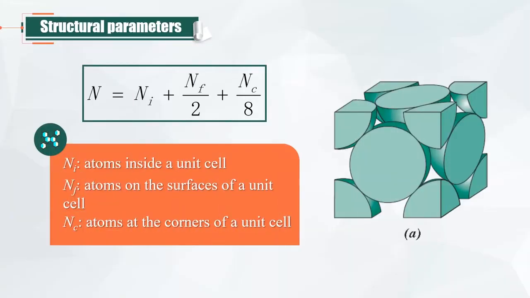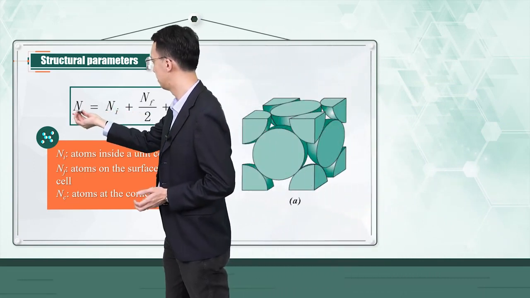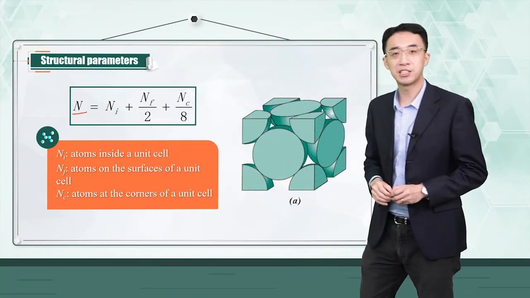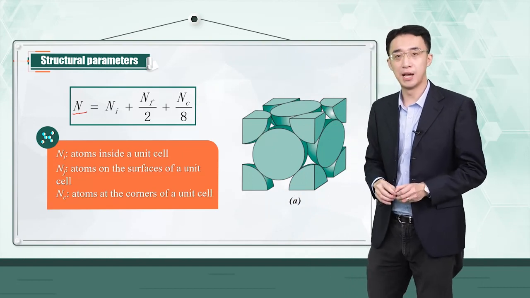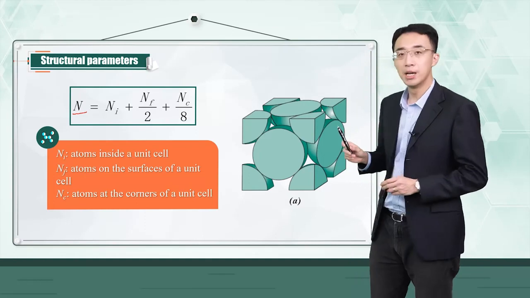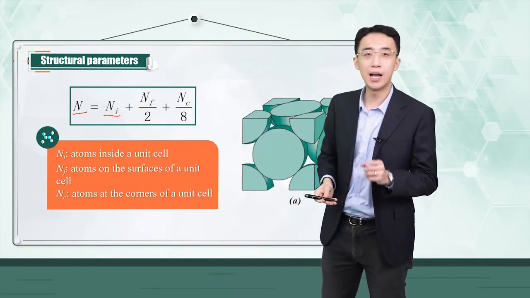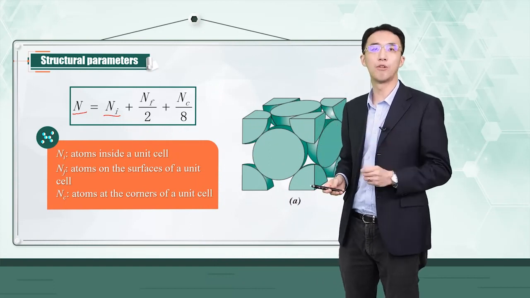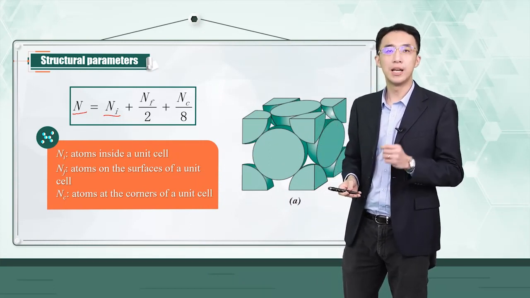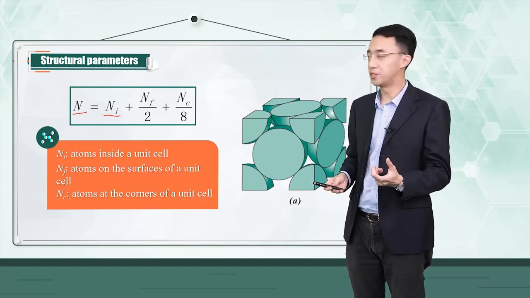So the first concept is the total number of atoms in each of the unit cells. To calculate the total number of atoms n in the unit cell, you must count the number of atoms at particular positions in the unit cell. For example, this Ni is the atoms in the interior of your unit cell. So one internal atom will count for one atom in the unit cell.